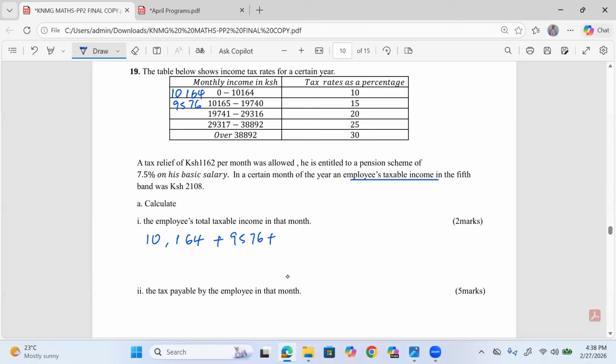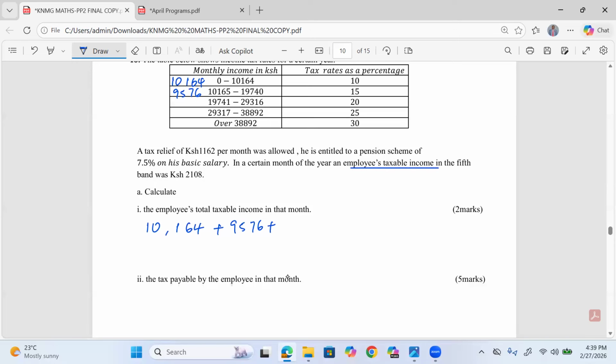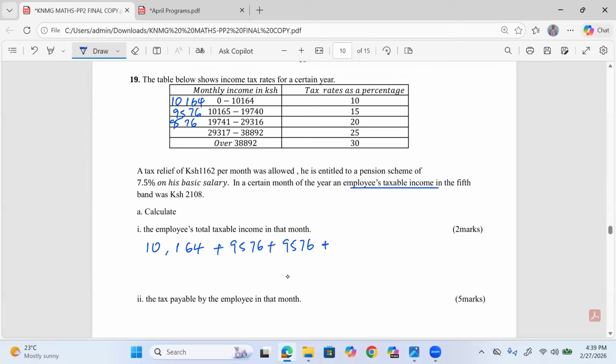In the third, we take 29,316 and we subtract the previous limit of 19,740. That is again 9576. In the fourth, we take 38,892 and we subtract 29,316.